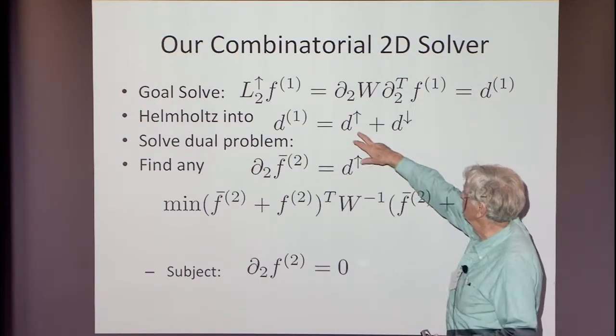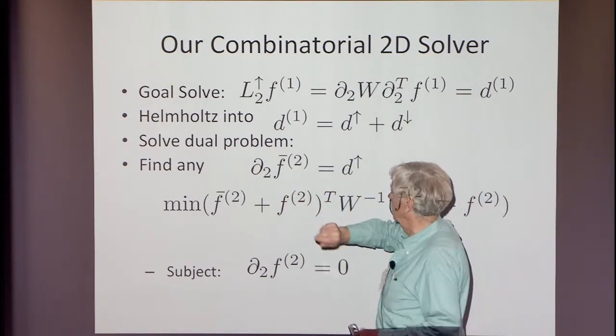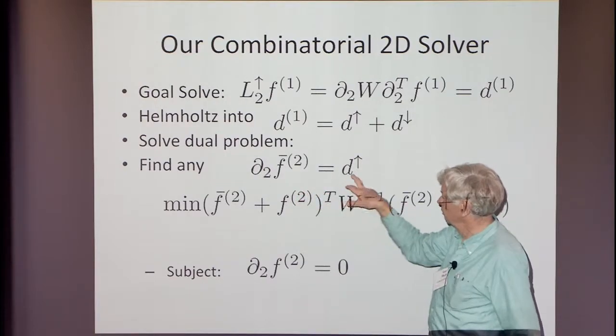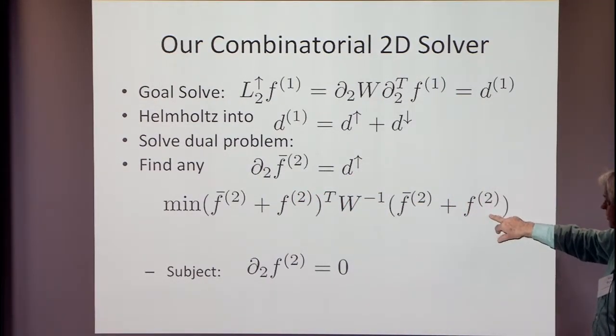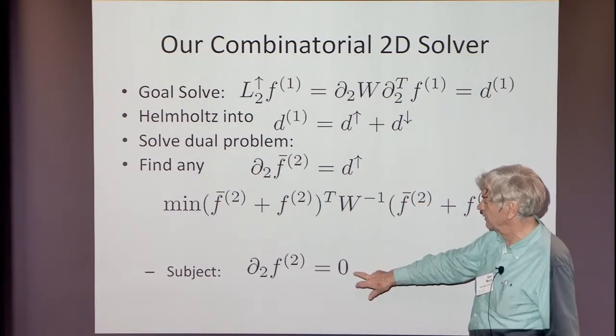And so once we figure out the circulation part of our demand, then we'll find any other flux on the faces which meets that demand. And then we'll cycle through all those fluxes for which we minimize the energy.